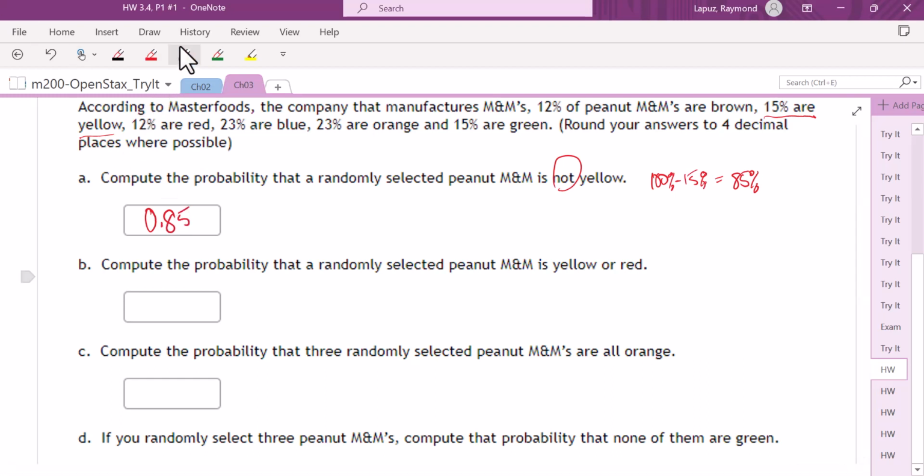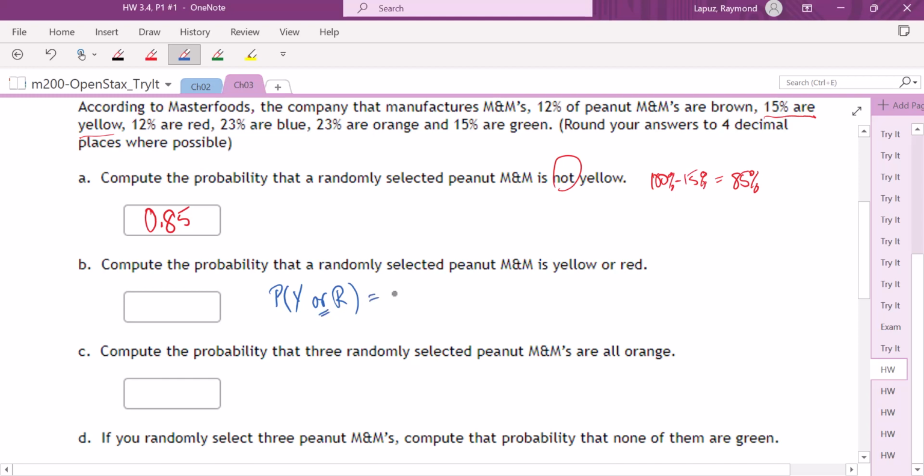Okay, the next one. Compute the probability that a randomly selected peanut M&M is yellow or red. So this is an or. Maybe we should write our P notation, yellow or red. And the probability that it's yellow, again, is 15%. And plus, the probability that it's red is 12%.